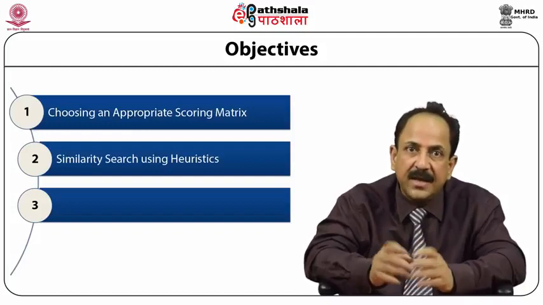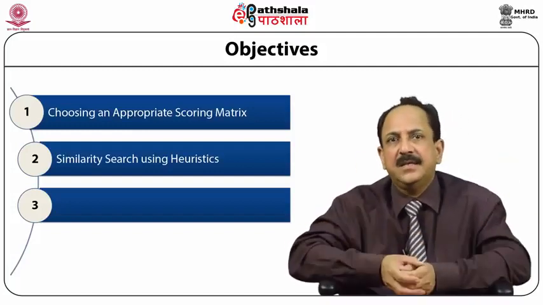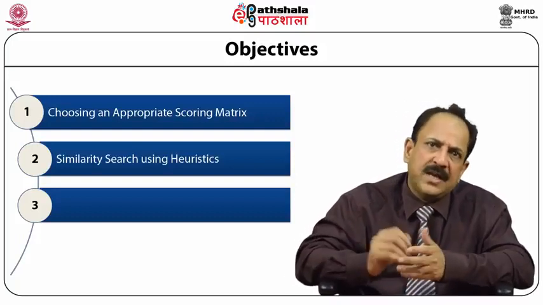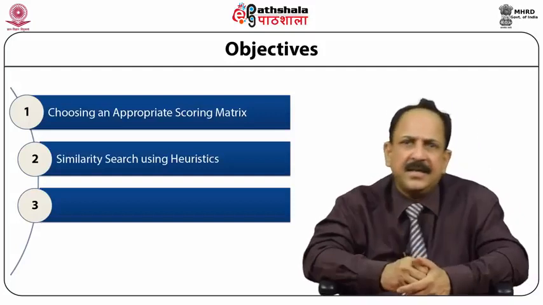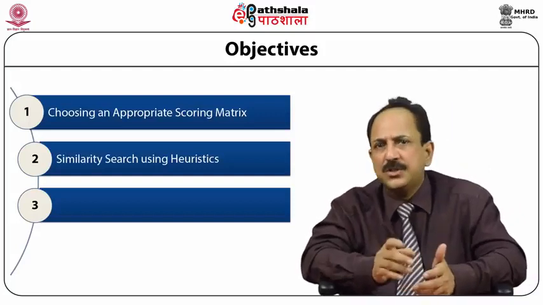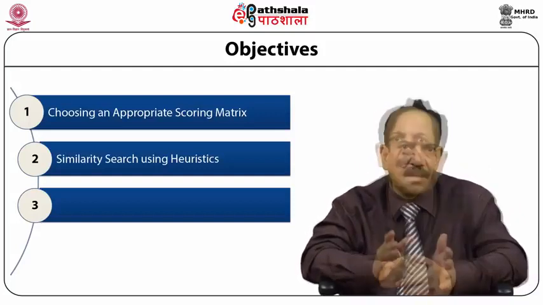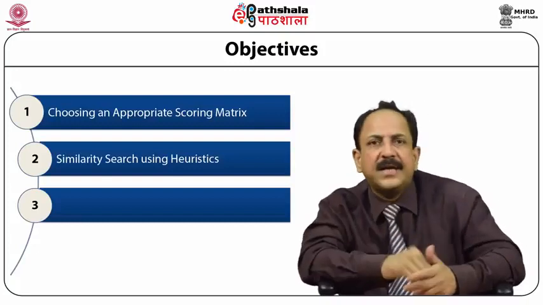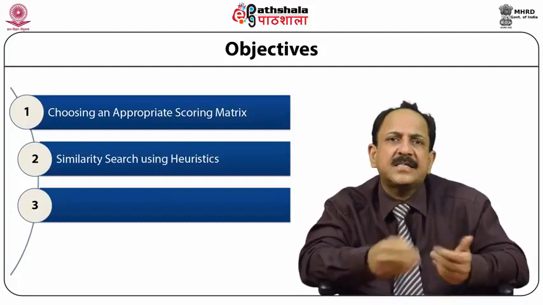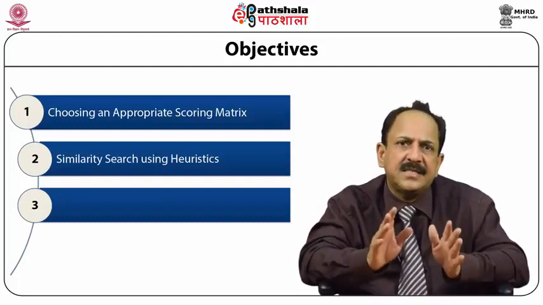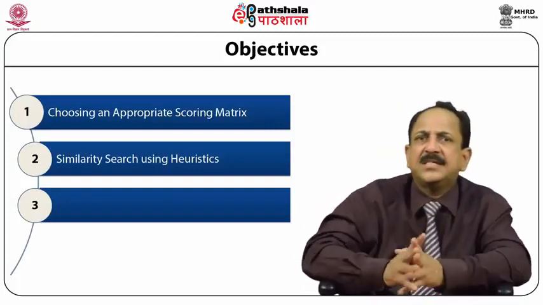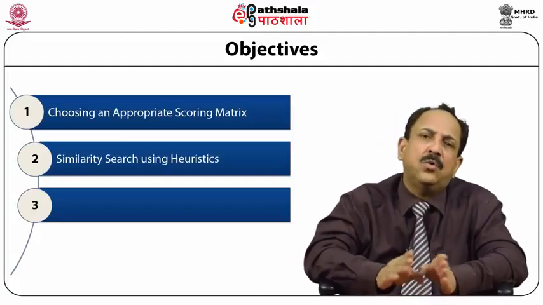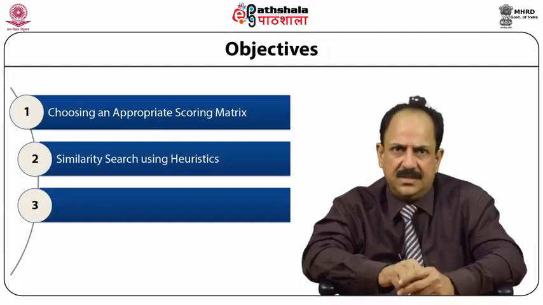However, with the increase in database sizes, it became almost impractical to use dynamic programming for similarity search due to its low speed. Therefore, heuristic programs, which reduce the database size by excluding dissimilar sequences at the very first stage, were developed so that dynamic programming is used only with similar sequences.